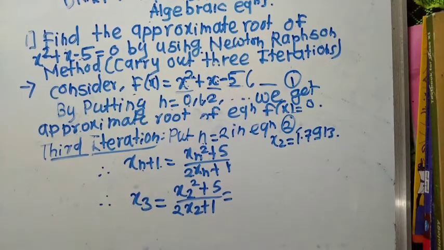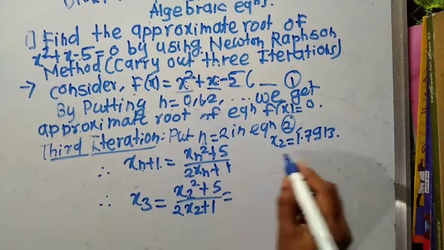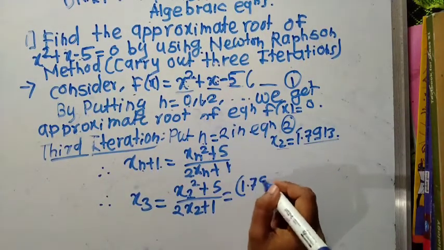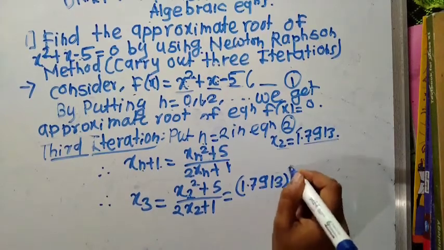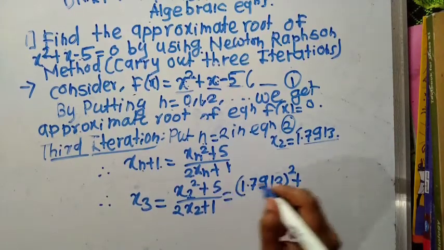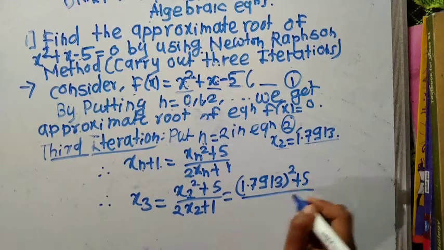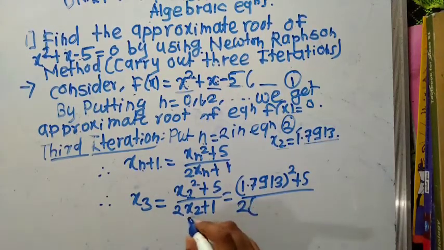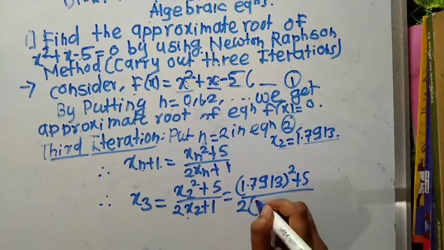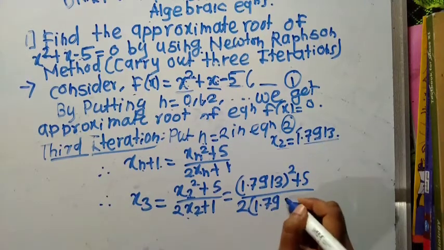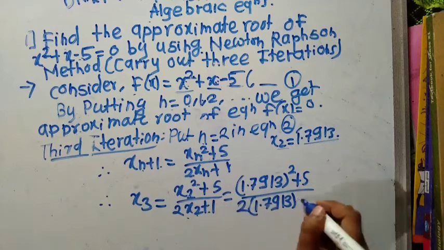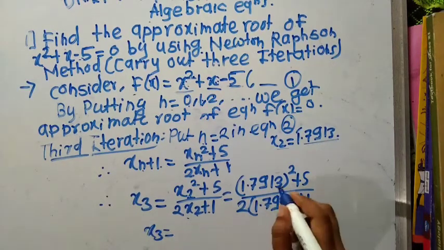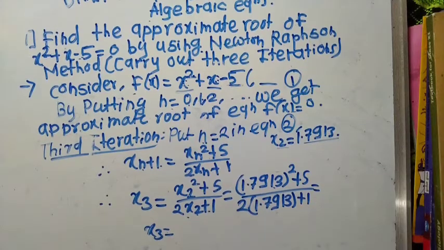Now what to do here: x2 square means 1.7913 square plus 5 divided by 2 into x2, that is 1.7913 plus 1. Find its value.